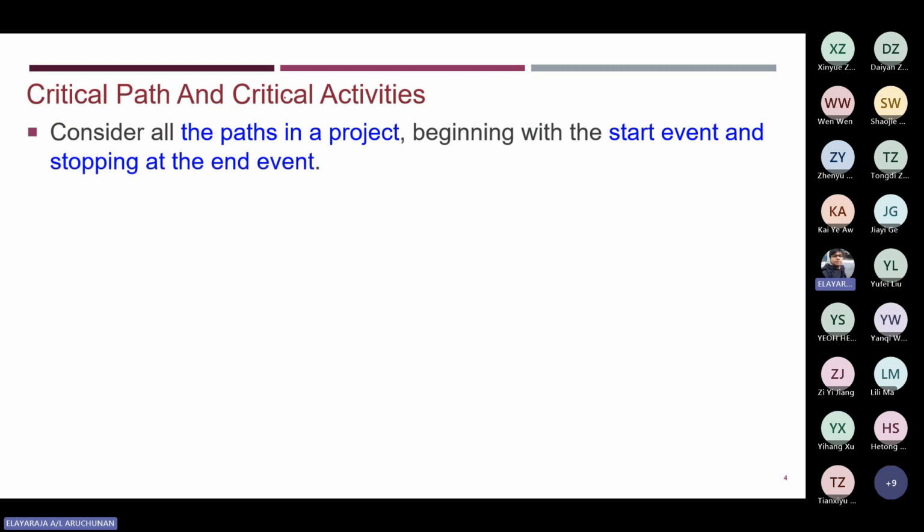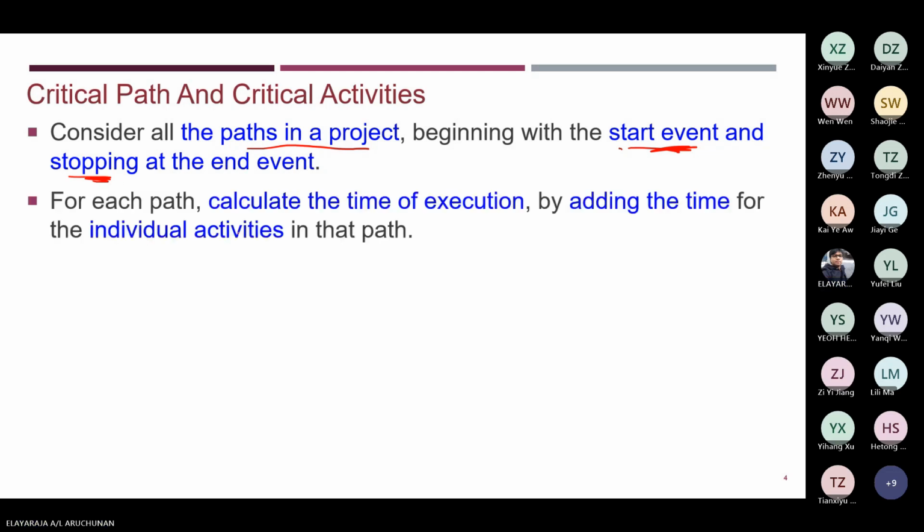Now let's take a look at the critical path and critical activities. Consider all the paths in the project. Each begins with the start event and ends with the stopping event. You must have both of these criteria.